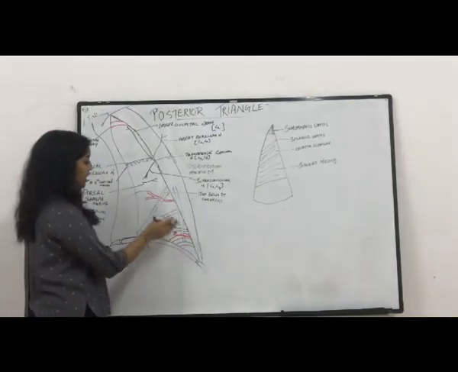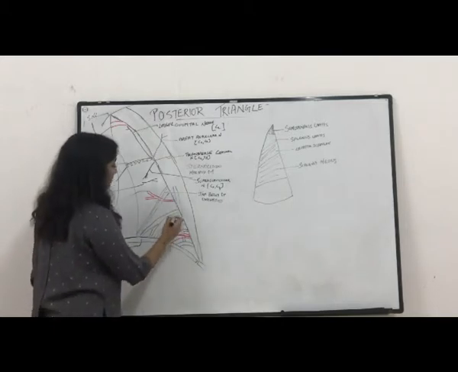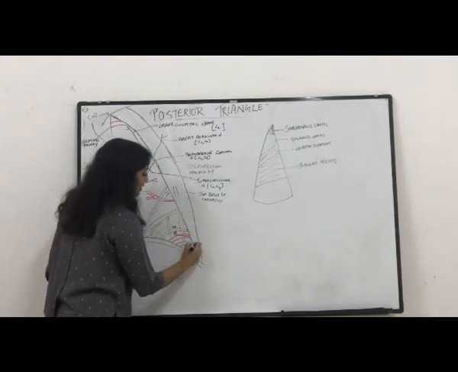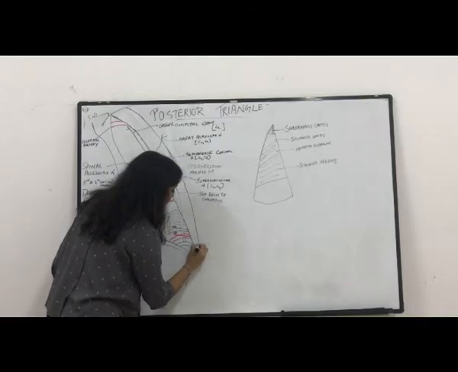The contents of the subclavian triangle are, firstly, the subclavian vein.